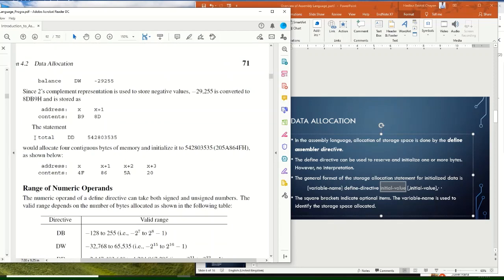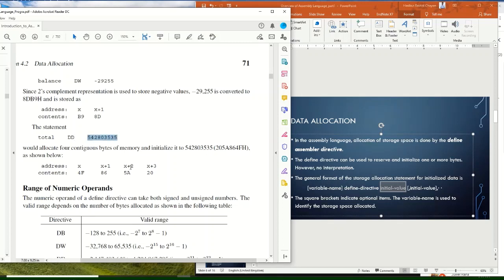This is a similar type of thing where we have a variable called total, and we have defined DD. I hope you remember that DD means define double word. Double word means two words. If one word has 2 bytes, double word means 4 bytes, right? So we have 4 bytes, and this is a very large integer number.